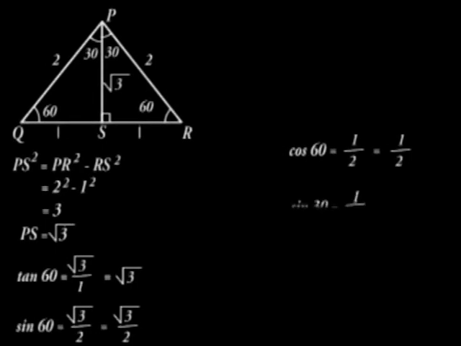Tan 30 is equal to 1 over root 3. Sin 30 is equal to a half. Cos 30 is root 3 over 2.